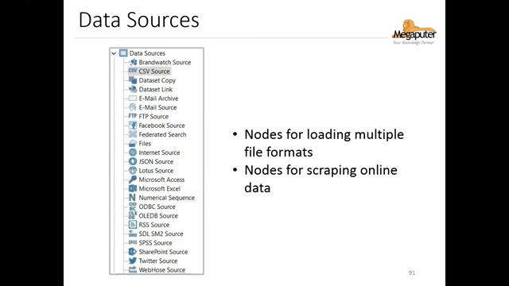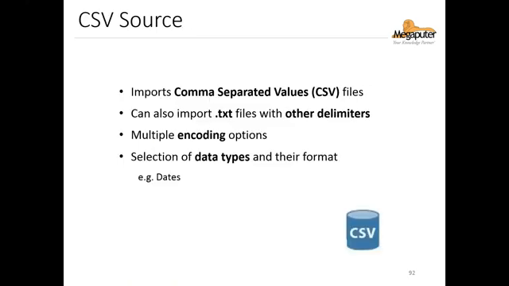So there are a bunch of different nodes for loading different types of data. The node palette will have a section that is just all of the data loading nodes. The most popular of which is the CSV source node. It's used for loading CSV files, which are comma-separated value files.